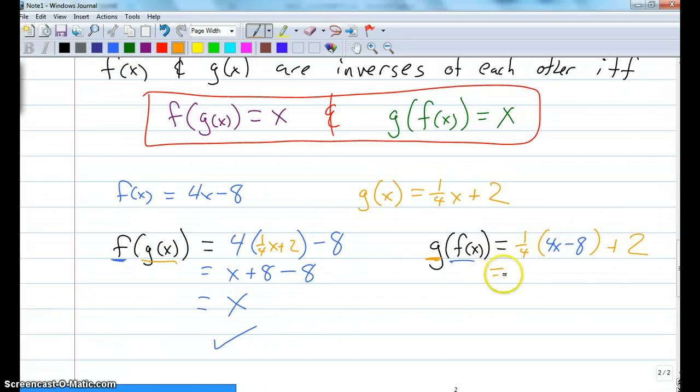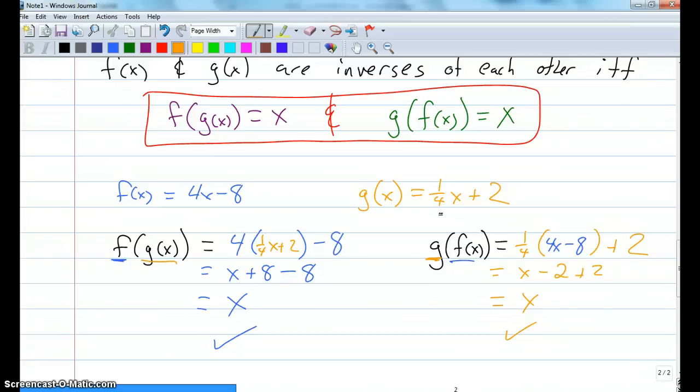So distribute, we get x minus 2 plus 2 is indeed x. That one totally works. Again, you can't just take the f of x and find the inverse and see that, yep, look at that, it's the same thing as g of x. You have to do these two composite functions and see that they come out as x.